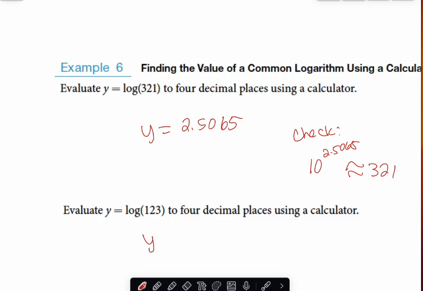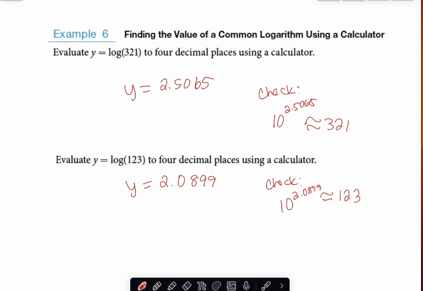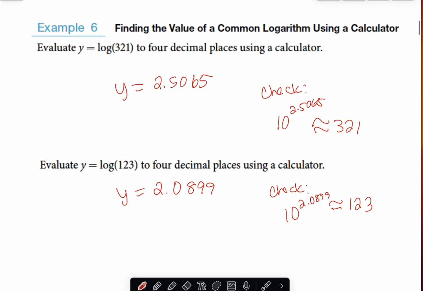And so we get an answer of 2.0899. And how could you check? Well, 10 to a power of 2.0899 should be something super close to 123. So these are checkable. That button on the calculator is a base 10 button.